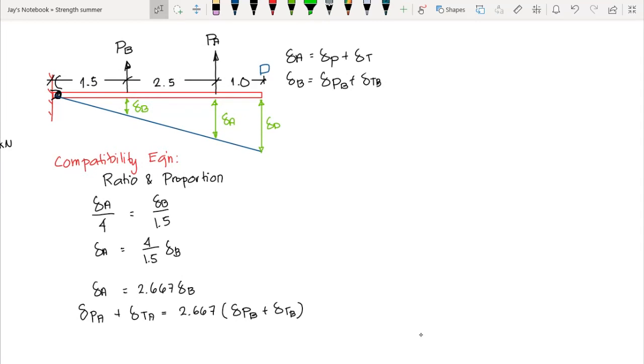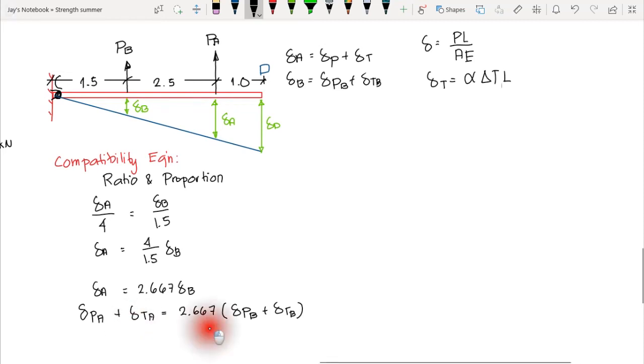Then let's substitute all the formulas for every deformation. We know that our axial deformation is equal to PL over AE, and the change in length due to temperature is equal to the coefficient of thermal expansion times the change in temperature times the original length. So using this formula, we could further express this in terms of axial load.